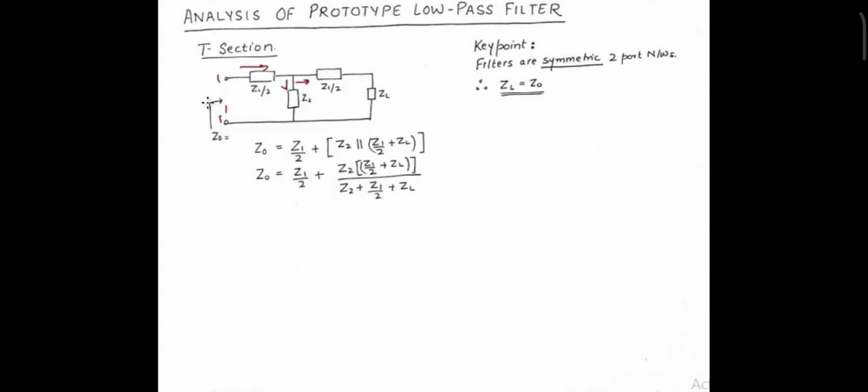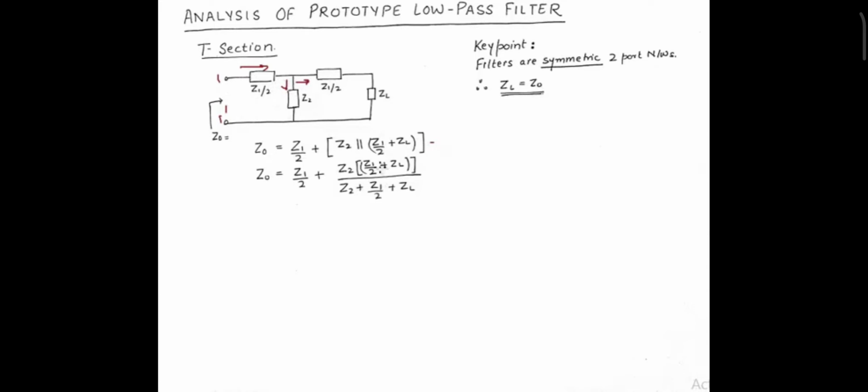If you look from the port 1, you'll see that Z1 by 2 is in series with Z2 parallel this series arm, and this series arm has an impedance of Z1 by 2 plus ZL. So that's the first point of starting. This is pretty elementary. You're simply calculating the total impedance as seen from port 1.